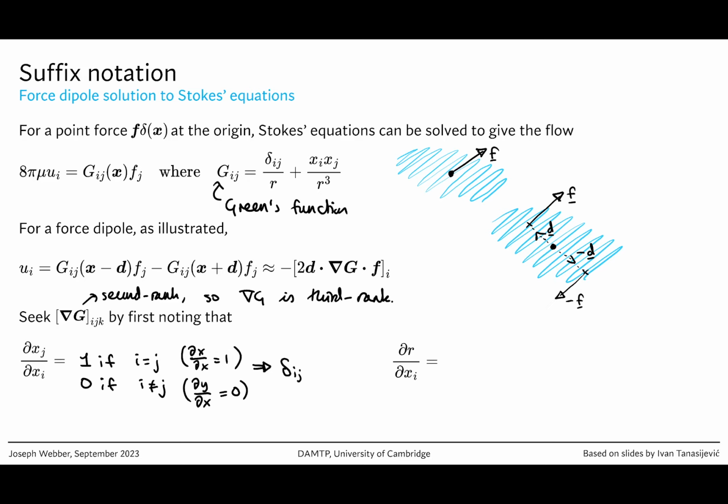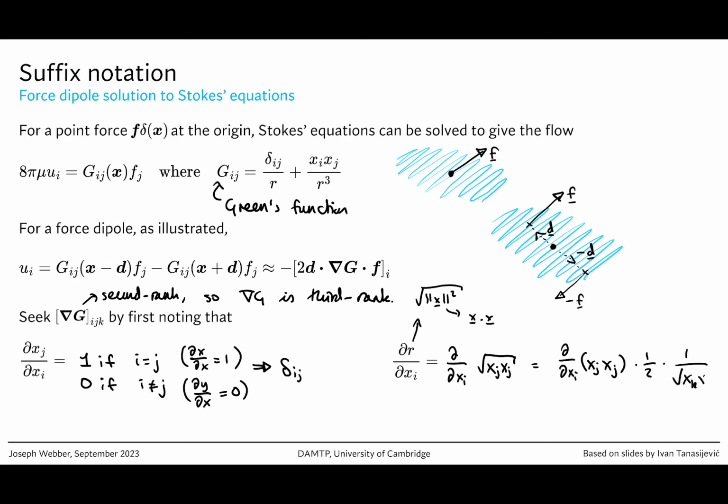And then let's look at what dr by dxi is, where r we know is the modulus of the vector. So we can write it like this, or remember this is equal to the square root of x dot x. That's why I've written the square root of a square, because this is d by dxi of the square root of xj xj. Okay, let's use the chain rule here. It's going to be d by dxi of xj xj times 1/2 times 1 over the square root of xk xk.